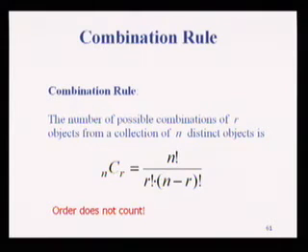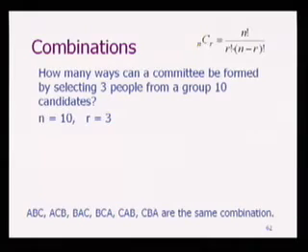Okay, let's see an example. In this situation, the order of these digits or numbers doesn't matter. We don't worry about it. Let's look at this example. How many ways can a committee be formed by selecting 3 people from a group of 10 candidates? You have 10 people. It's like you have 10 numbers, and I'm going to select 3 numbers. How many different ways can I do that?